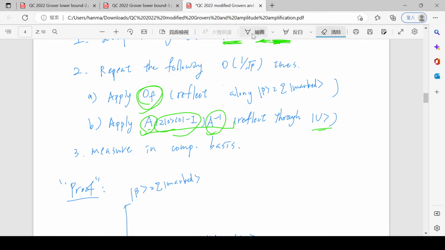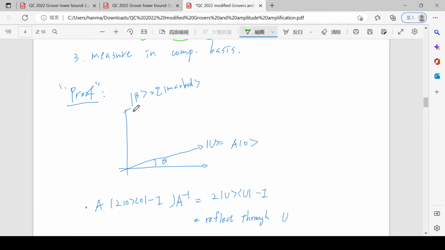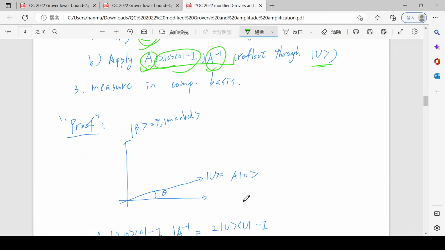And the proof is that this is like Grover's algorithm. So you look at this two-dimensional space with a beta that equals the position of the marked item, and U is a state that your algorithm A produces. And then this is alpha, something orthogonal here. Let's say this angle is theta.